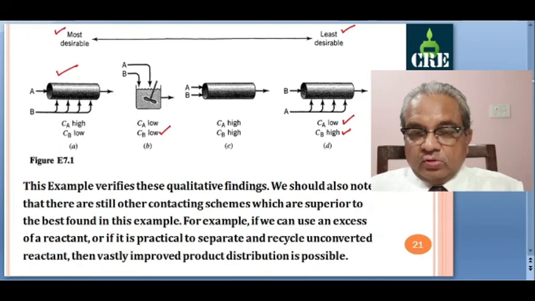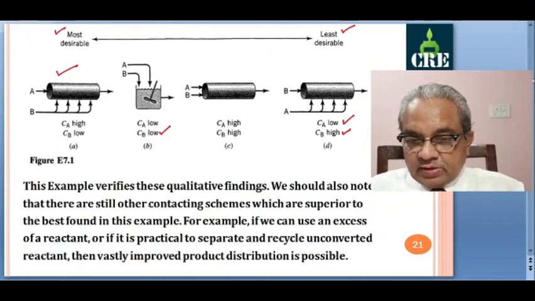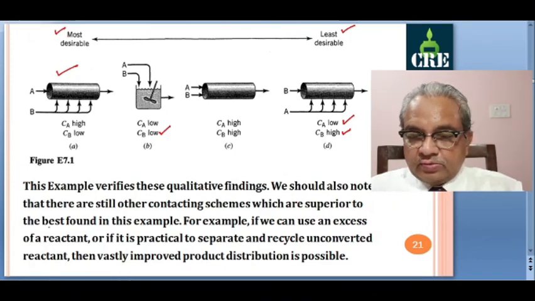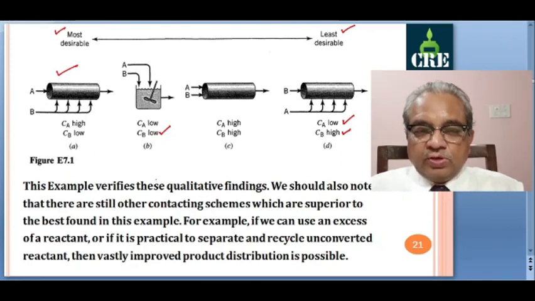So if you have putting separator, which will of course add to cost and operating cost, but whether it is advantageous or not, those things we have studied in recycle reactors in an earlier chapter. So those possibilities are also to be considered.